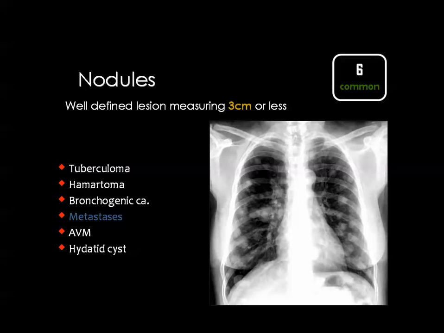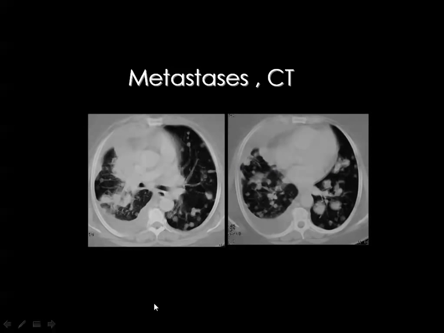If you see multiple nodules in the lung, then this is the diagnosis of metastasis, even if you don't have the clinical data of the patient. But if you have the clinical data and you know that the patient had a primary malignancy, like breast cancer, for example, or renal cell carcinoma, then you can confirm your diagnosis that these nodules represent metastatic deposits.